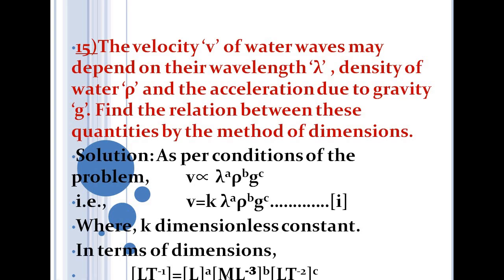Rewriting this equation, we get in general M^0 L^1 T^-1 on the left. There is only one term for the mass, M^b, and for length L^(a minus 3b plus c), and for the time only T^(-2c).